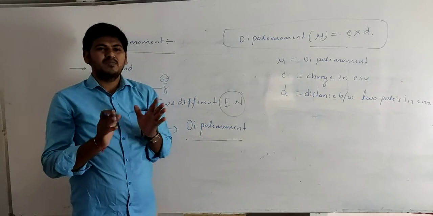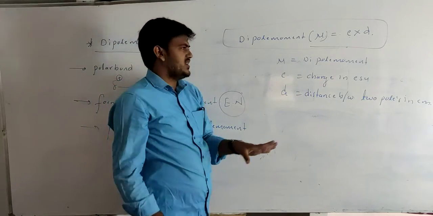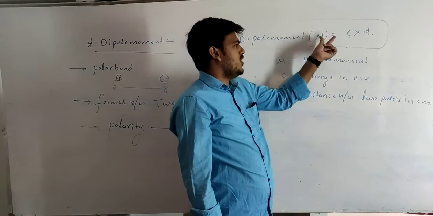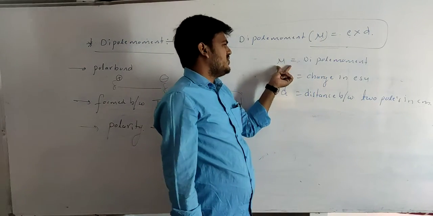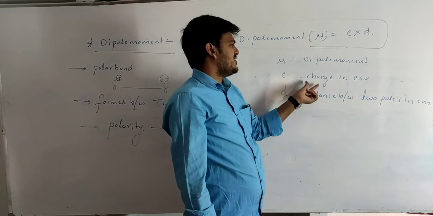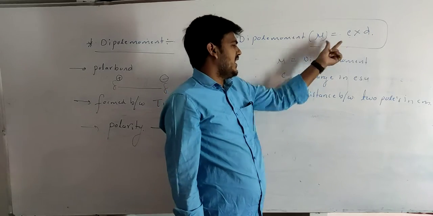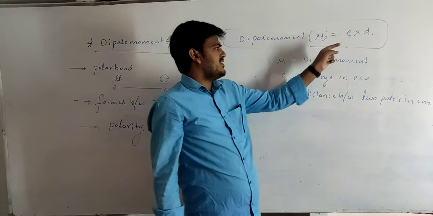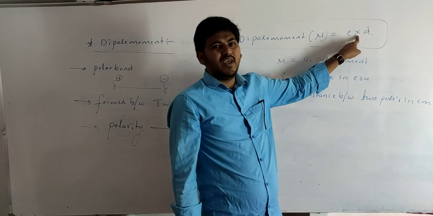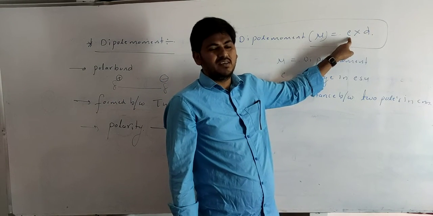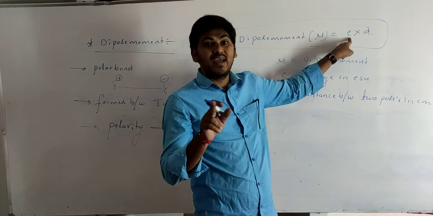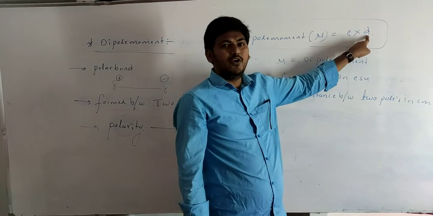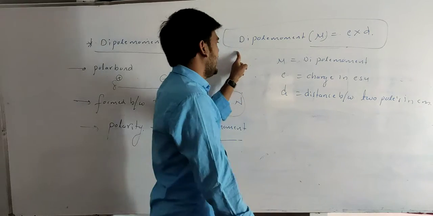So what is meant by dipole moment? Very simple definition. Generally dipole moment mu is equal to E into D. Mu is the dipole moment, E means charge in electrostatic units, and D is the distance between two poles in centimeters. The product of the net positive charge or net negative charge and the distance between two poles in a polar bond is called dipole moment.